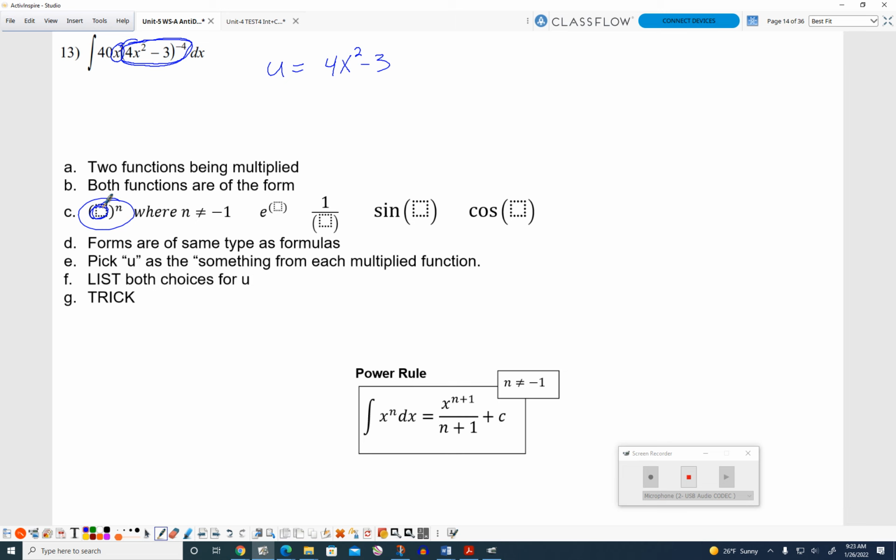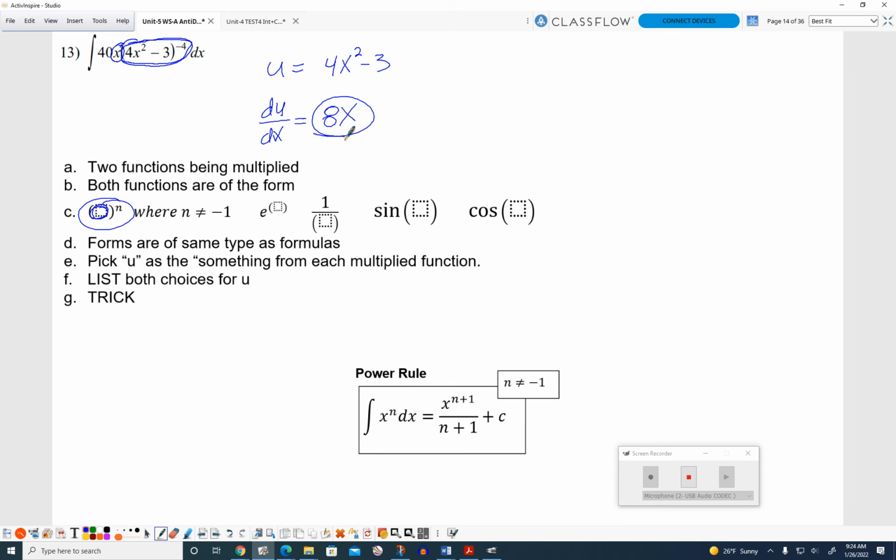Taryn, what's the derivative of our something this time? What is it, Soraya? 8x. So Soraya, is the derivative of our something the other multiplying function? Yes. We don't care about the 8.